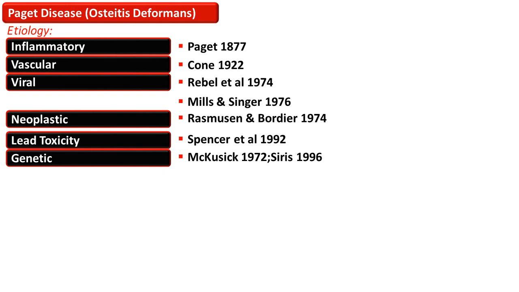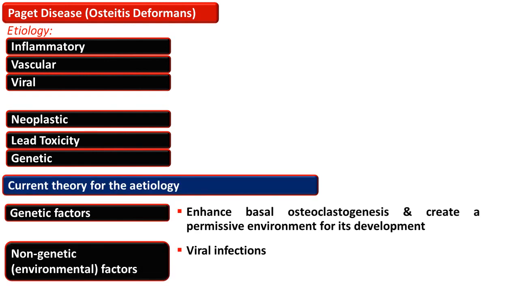Then in 1996, some considered that there could be a genetic origin. The current theory of the etiology of Paget disease is the genetic factor and non-genetic factor. It is thought that both these work together, and both genetic and non-genetic environmental factors are responsible for the initiation of the disease.